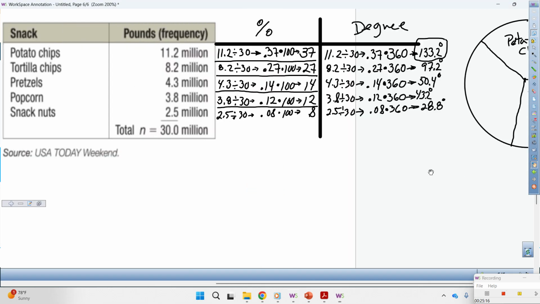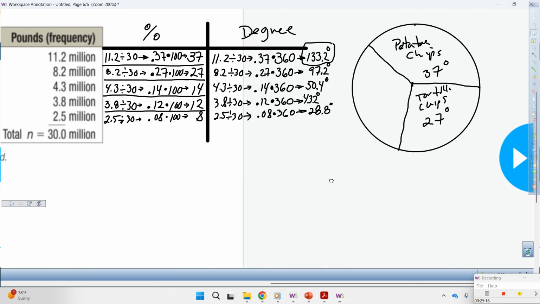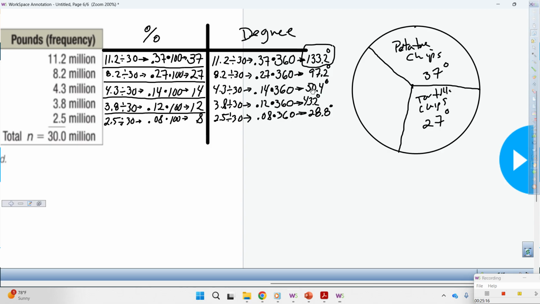Let's go to the next one. Next one is pretzels. Pretzels is 50 degrees. If I go straight like this, halfway we say it's 45. 45 is about right here, a little bit more, about right there.